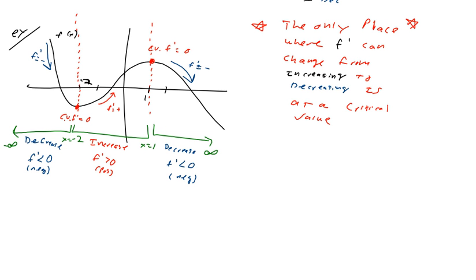And there are sort of 4 potential situations that these critical values can be in. Well, maybe a lot more than 4. Let me give you some examples.